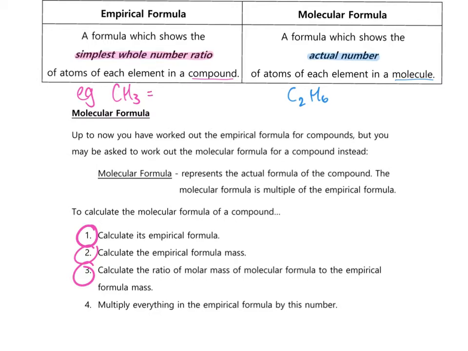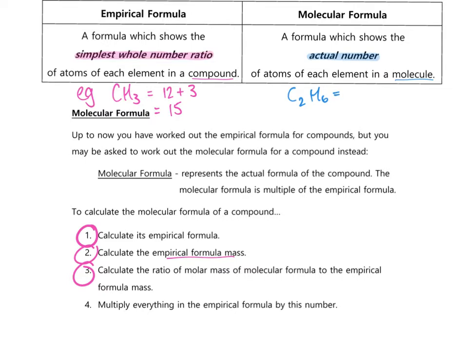So for the empirical formula, we have 1 atom of carbon, which has a relative atomic mass of 12. And we have 3 hydrogen atoms, so that would be a total mass of 3. So that gives us a relative formula mass of 15 for our empirical formula. So that would be what we call the empirical formula mass. Let's do the same for the molecular formula.